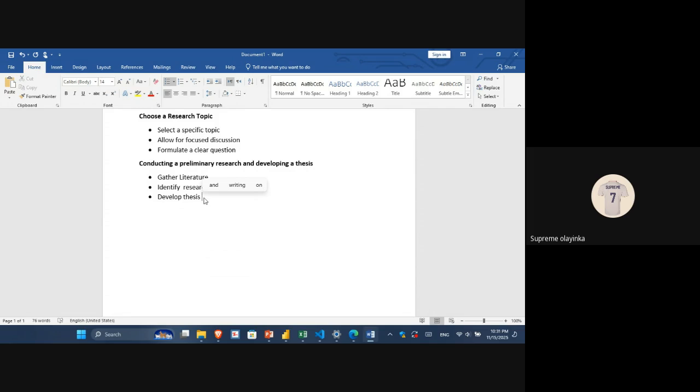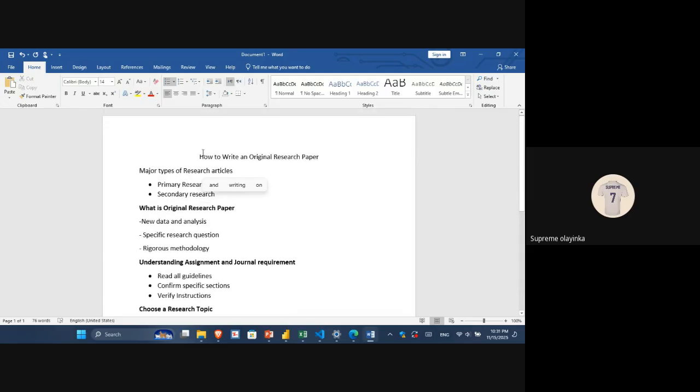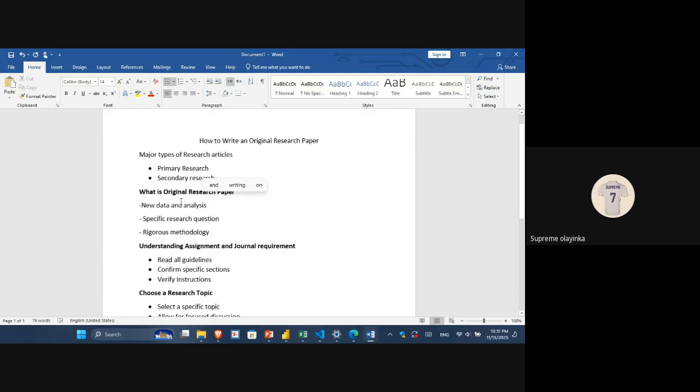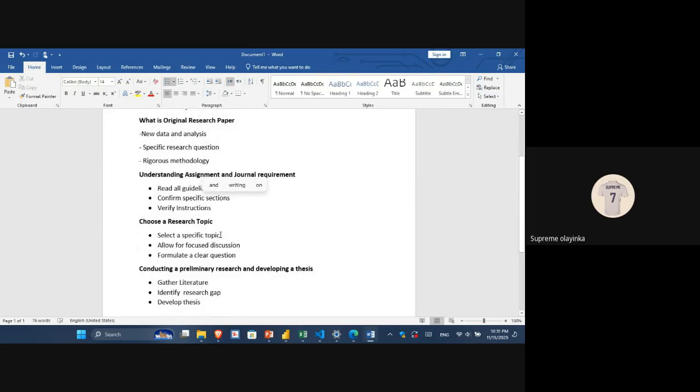Okay, now let's look at the last thing. With this, you already know this is my research paper. You already know the journal you'll be submitting your research paper to. You already know the guideline, the structure. Okay, this particular journal is accepting the IMRAD structure or the non-structured format.